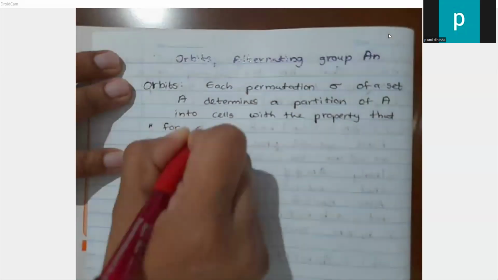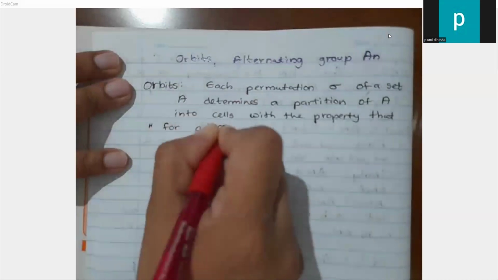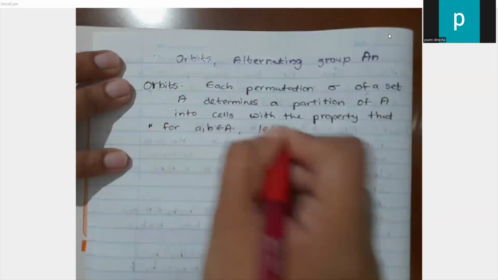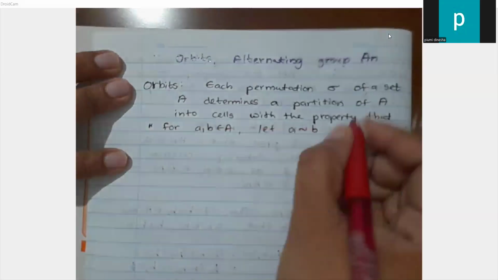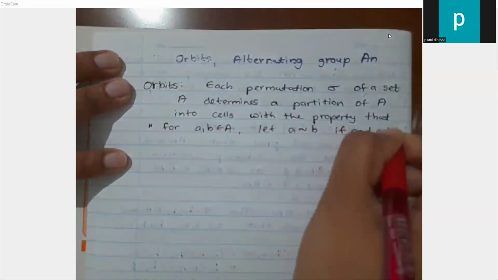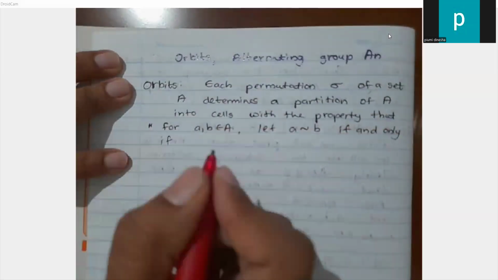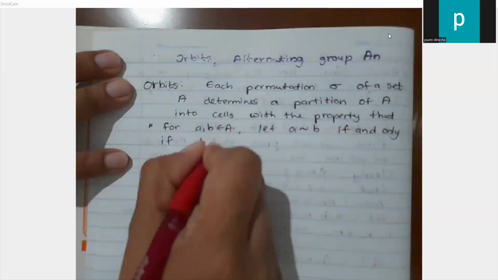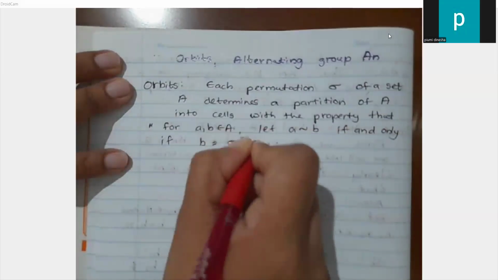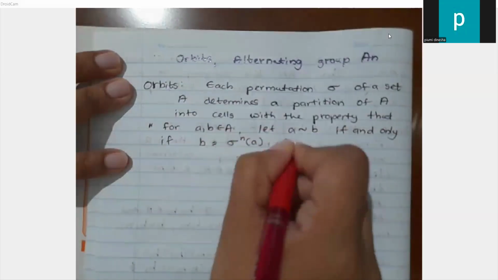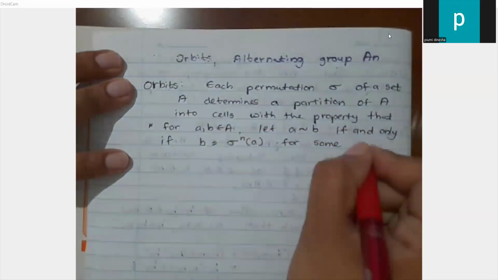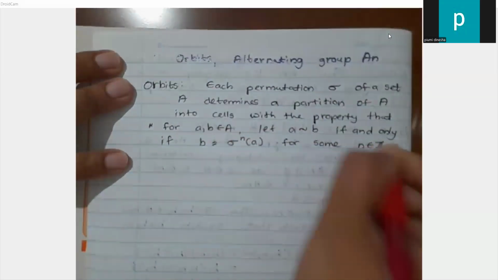For any two elements that you take from this set A, we say that a is equivalent to b if and only if b can be written as sigma to the nth power of a for some integer n, right?